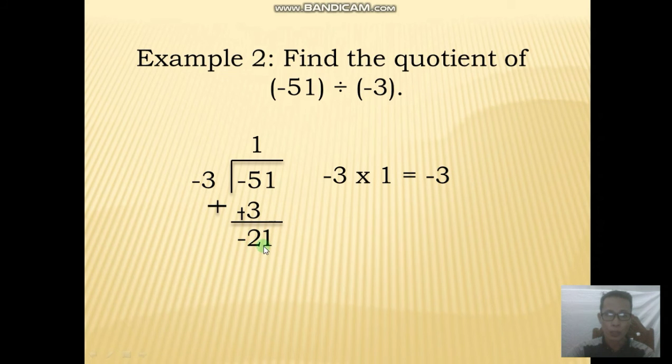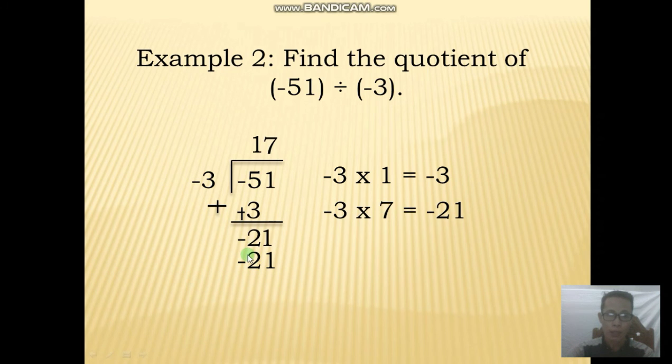So, negative 21, ito naman i-divide natin sa negative 3. Negative 3 times 7, that is negative 21. So, meaning, negative 21 divided by negative 3, the answer is 7. Then, multiply natin, positive 7 times negative 3, or negative 3 times 7, that is negative 21.